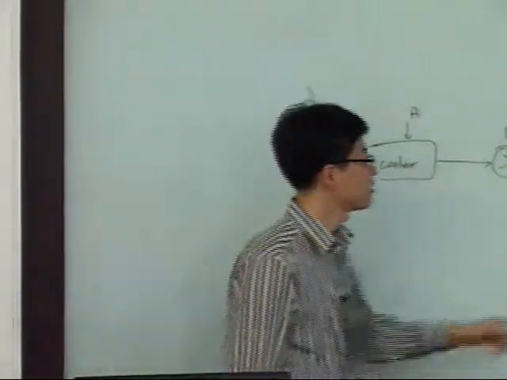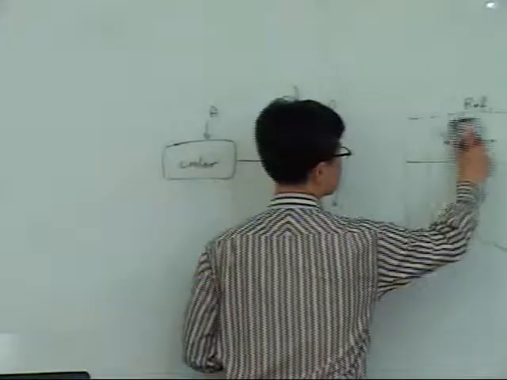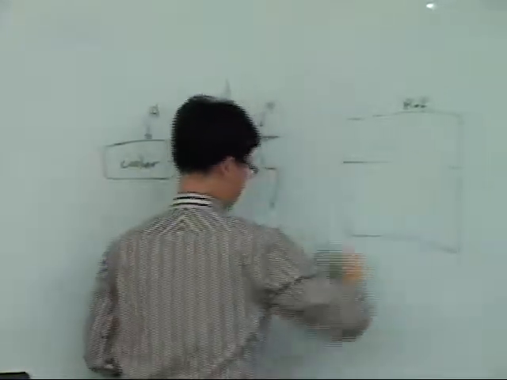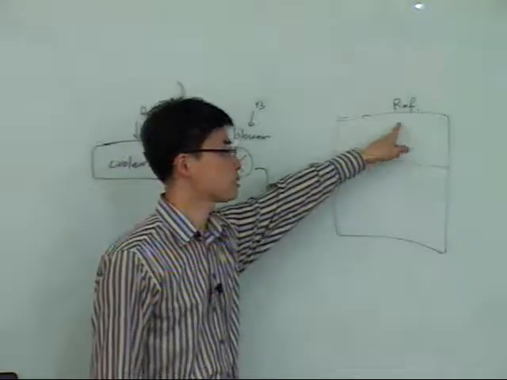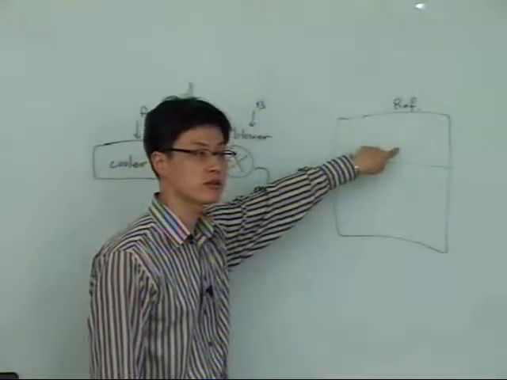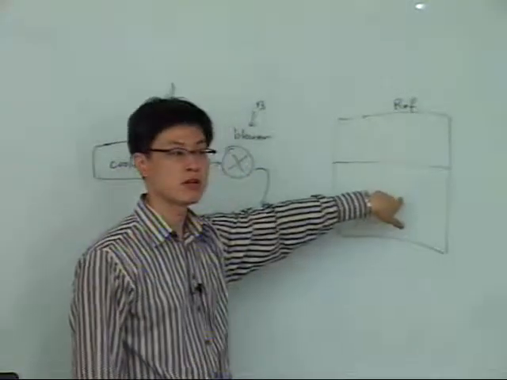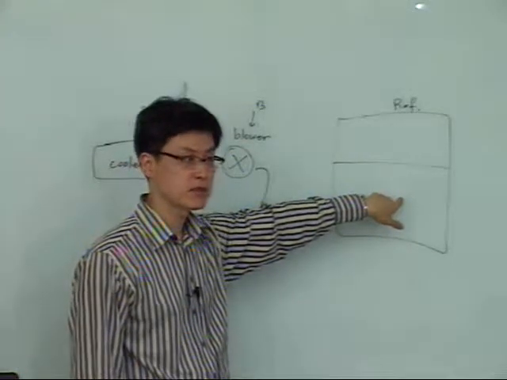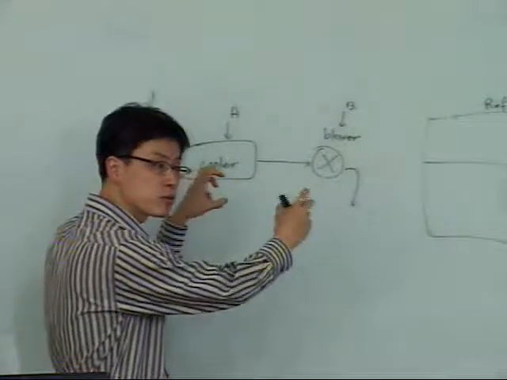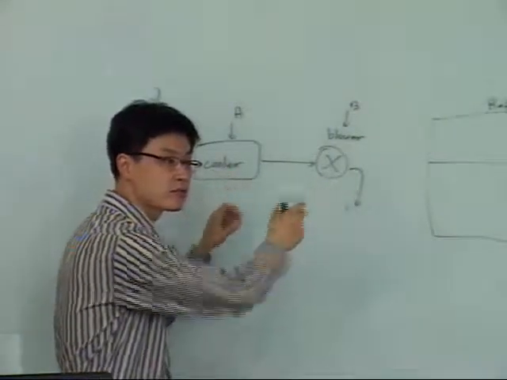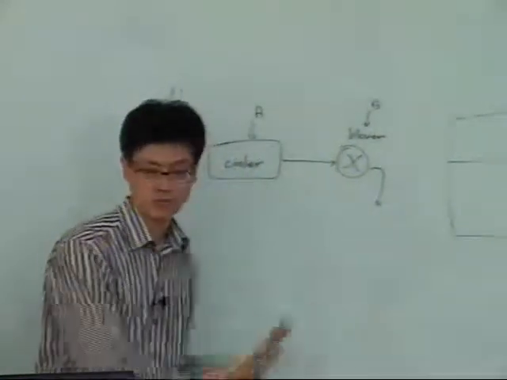For example, if this is the system, what would you do? If you decrease the temperature here, but let the temperature in this room stay the same, you have to control both things at the same time. Very, very bad coupled design.